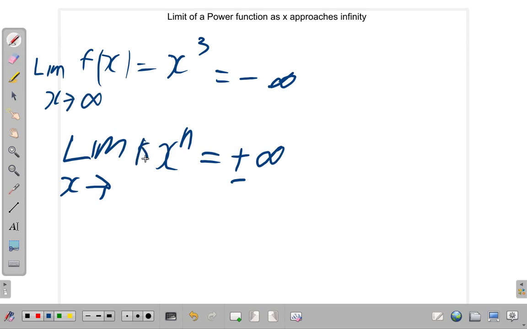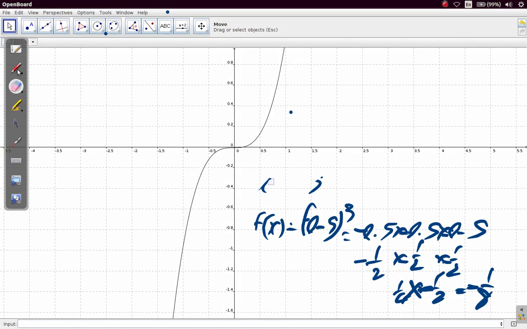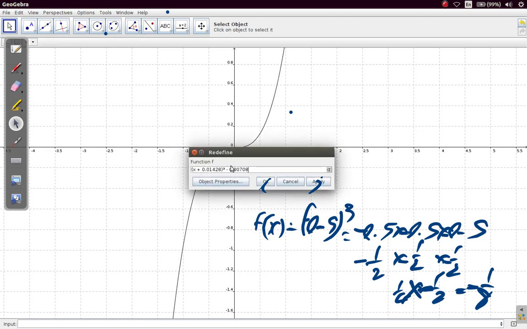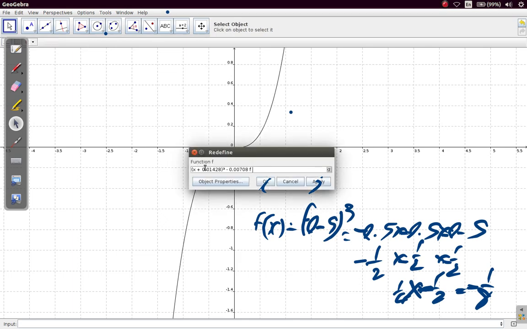In some cases, the k is just a number. For example, if I should take this function as it is, y equals x cubed, and multiply x to the power of 3, and say I multiply by 3 times x to the power of 3.